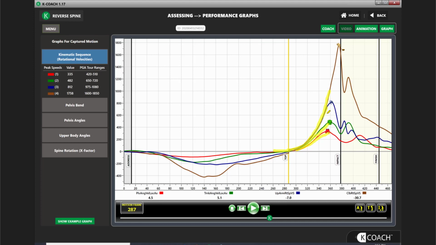So therefore, they're having to overwork with the arm and the club. It's a very inefficient way of getting the job done, especially for trying to hit the golf ball a long way. But they really have no choice because of the position their body's in. So this is a result of that.